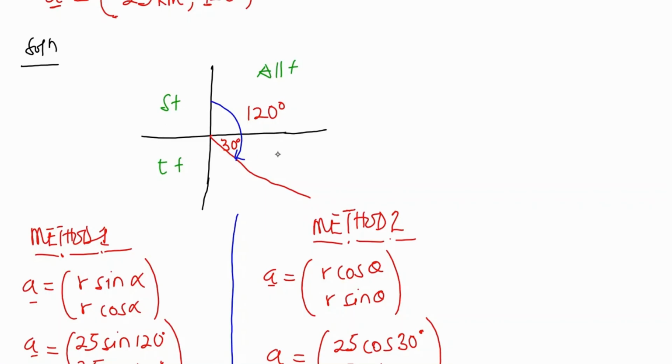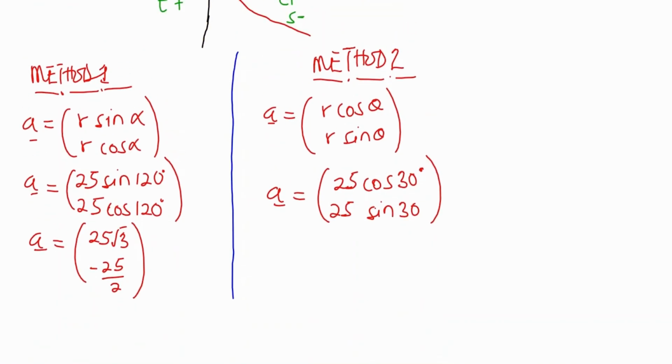And in the fourth quadrant, it is only cos that is positive. So in the quadrant where the vector lies, sine here is negative, which means we have to negate sine in method 2. So that's the whole idea. So we come back and we negate sine here. But in that quadrant, our cos here is positive.